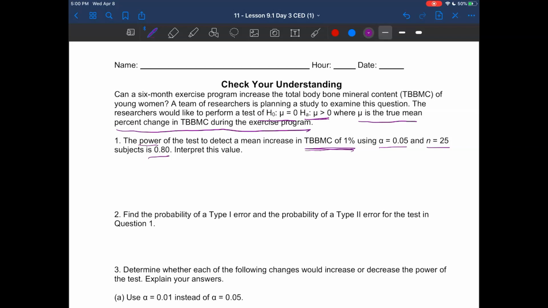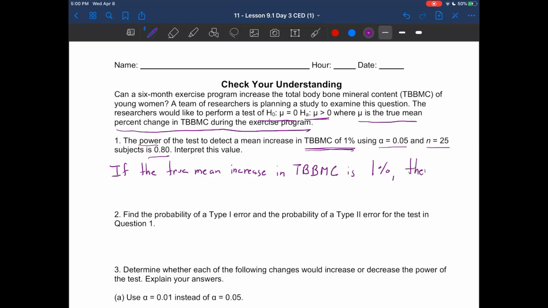So we're going to say if the true mean increase in TBBMC is 1%, and we'll continue to follow that template from above.